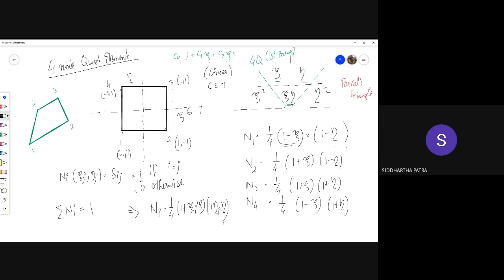Does this general expression fit for all the shape functions? Does it fit with all the shape functions? Yes, sir. Okay. Now think in this way.